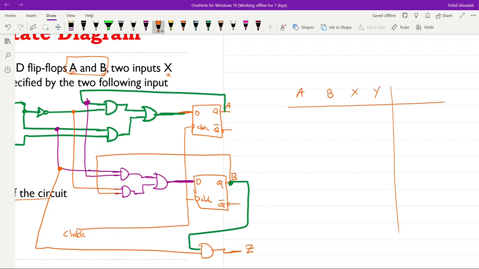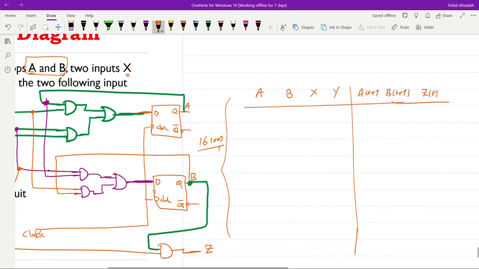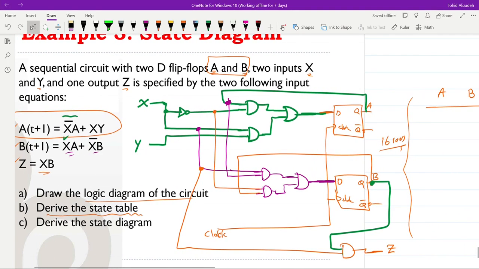So we have 4 inputs in total, and we have A at t plus 1, B at t plus 1, and Z as the outputs. So basically, in this case, the state table that we have will include 16 rows. Alternatively, we could take x and y into the output side. Both are fine, but let's keep it this way.